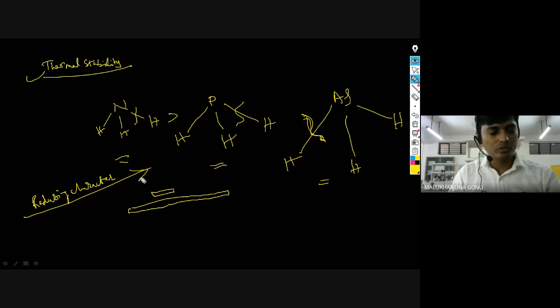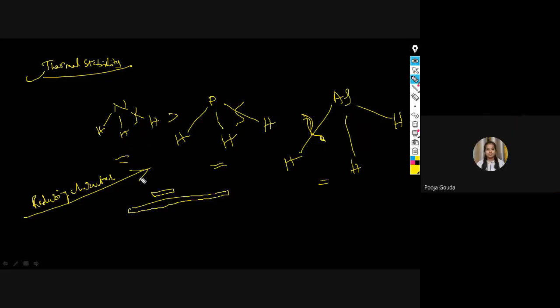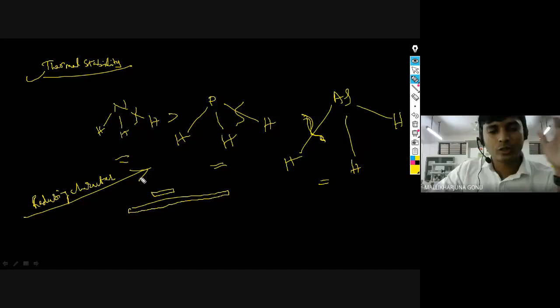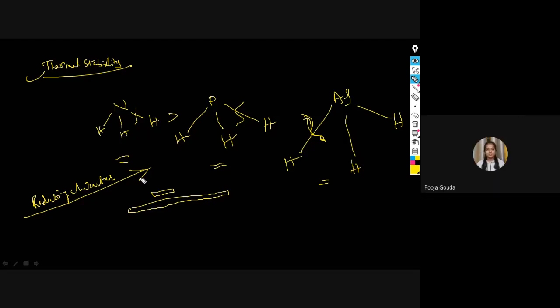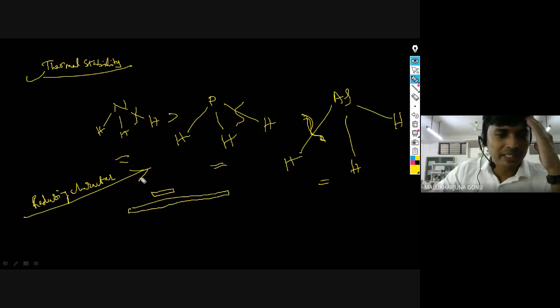Pooja, do you know? What is the oxidizing agent? Vidisha, can you tell what is the oxidizing agent? Which loses electrons, sir. No, I am talking about the reducing character, reducing agent.